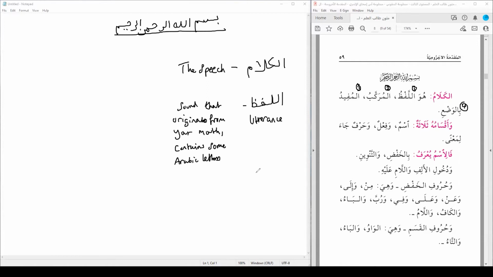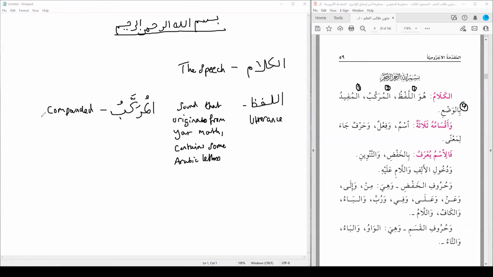Then it has to be al-murakkab. Al-murakkab means compounded. Compounded means something which is made up of two or more other things.